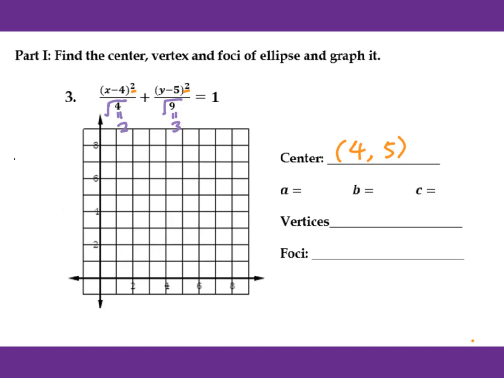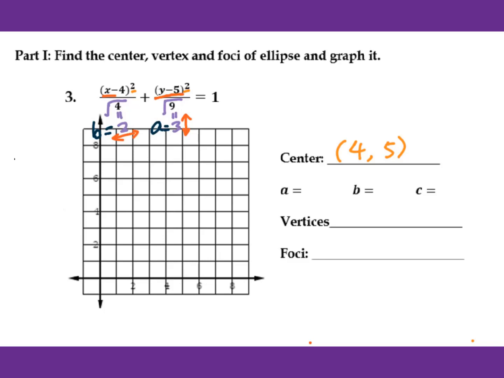The greater one will be A and the smaller one will be B. Since A is below y squared, the arrow will be up and down. That's vertical. Since B is below x squared, it's horizontally moving, to the left and to the right.